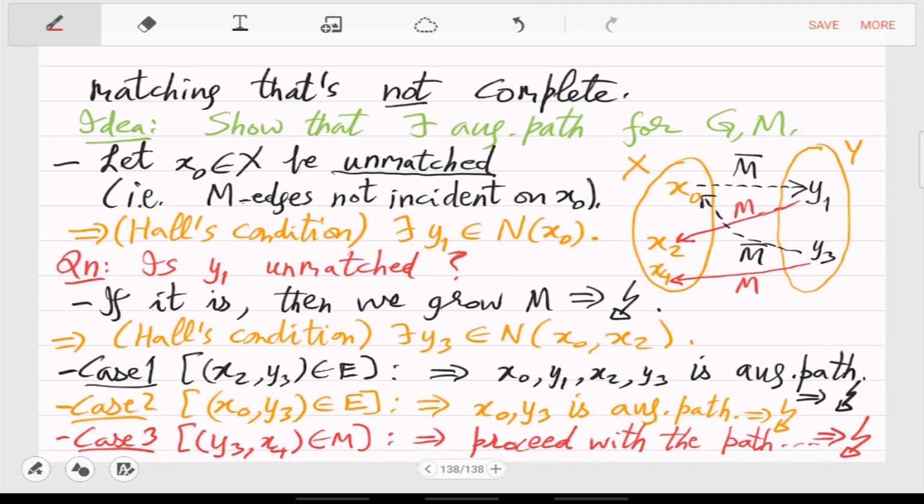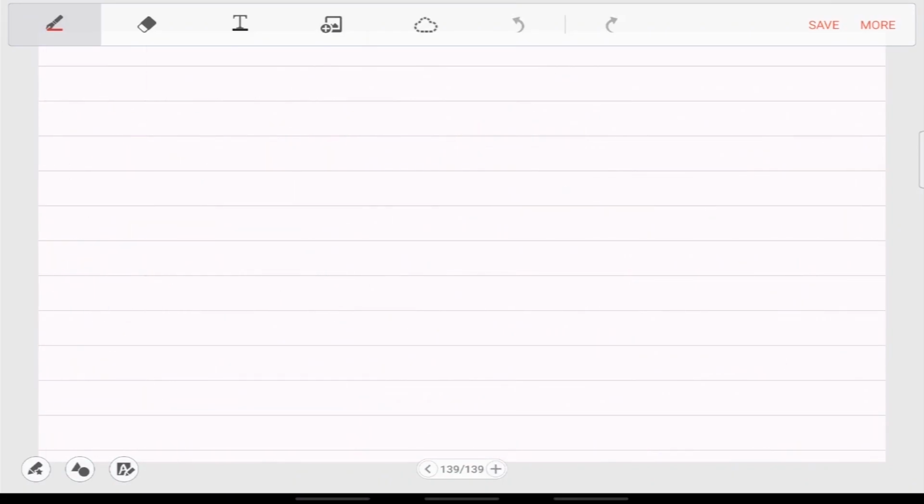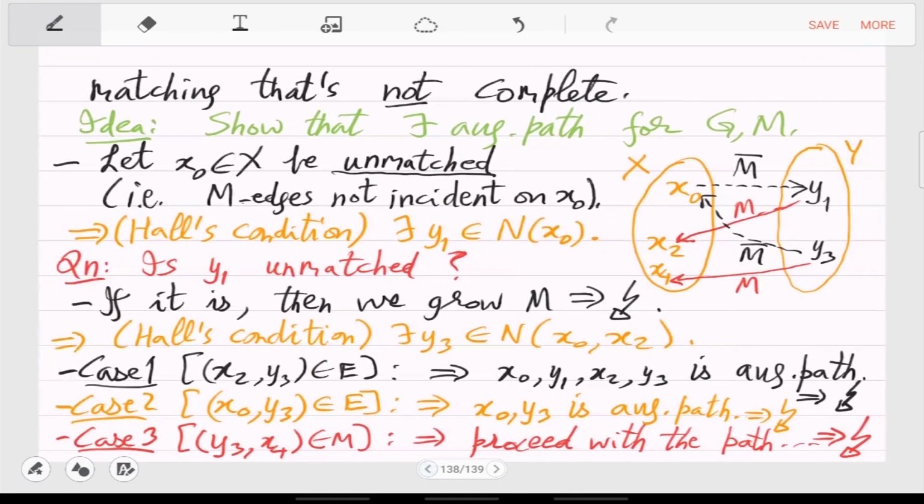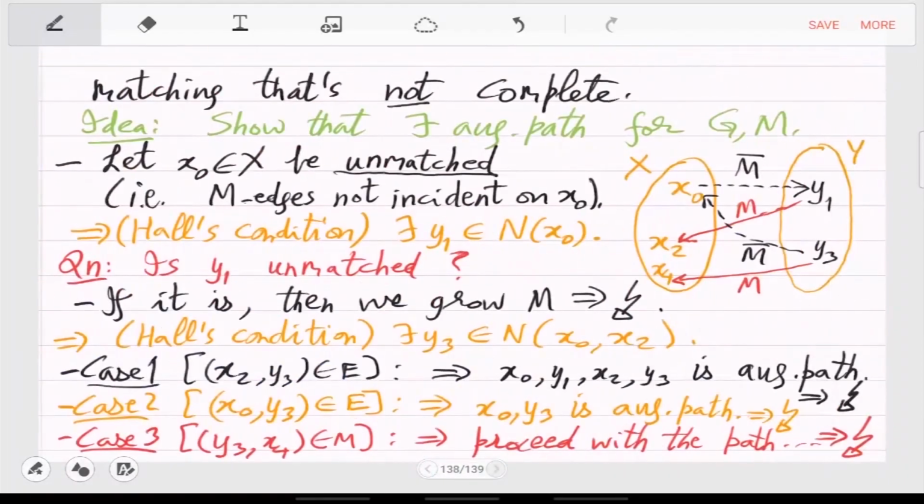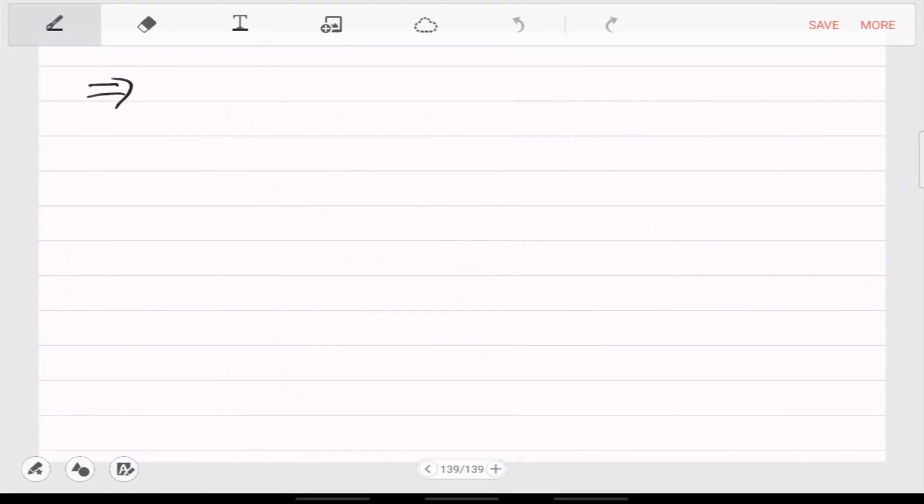Case 3 only extends the length of the augmenting path. So in all cases you have a contradiction, so it means that M is already complete. Is that clear?